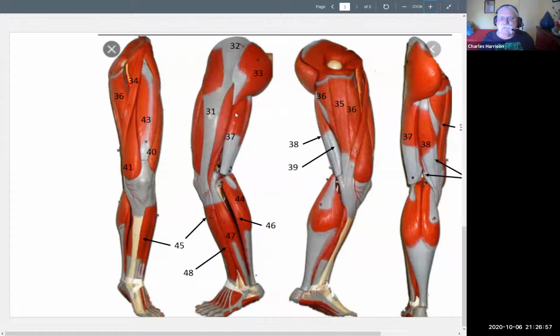Now here's one muscle that is different looking on the cat. It's wider and flatter, and it's more on the side. This is more on the back here. And a little bit farther down the back, the gastrocnemius. On the other side, 45, and barely showing on this one, is the tibialis anterior. The soleus shows up nicely here.